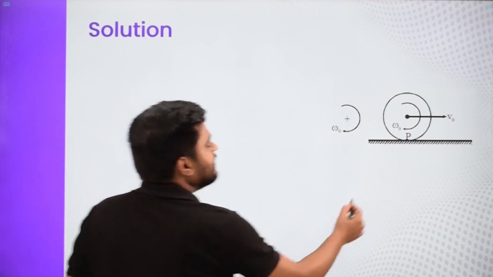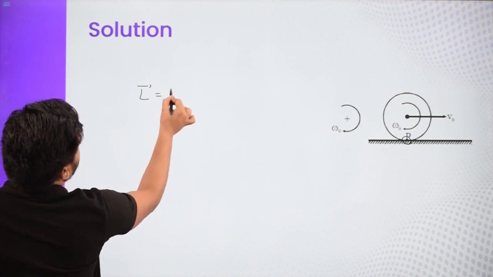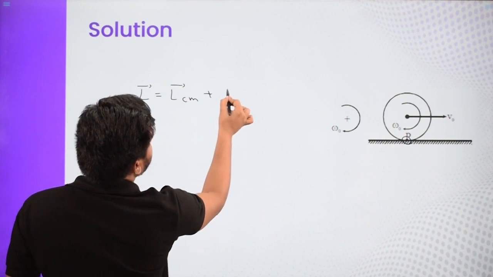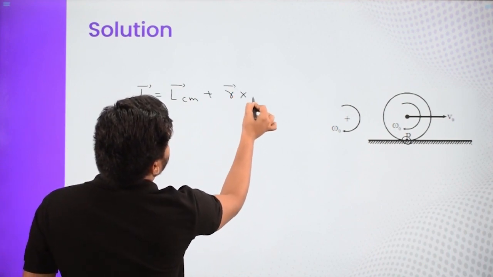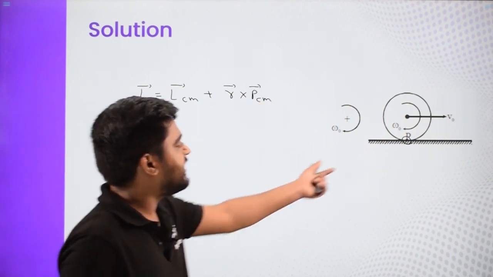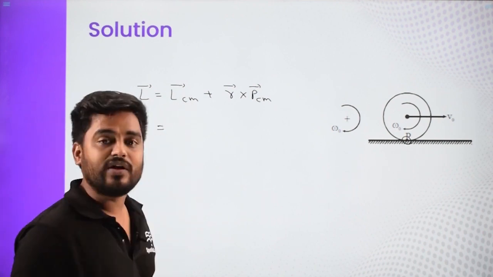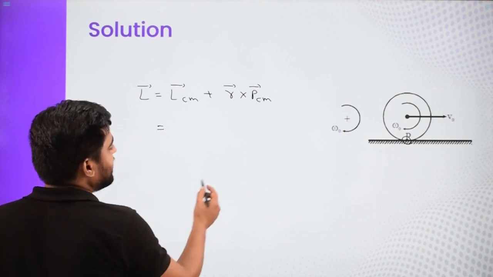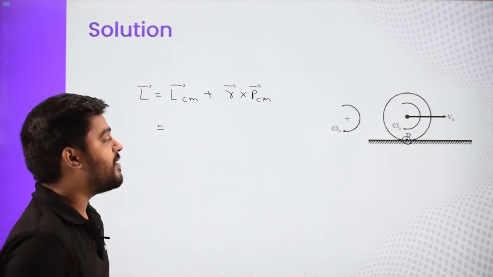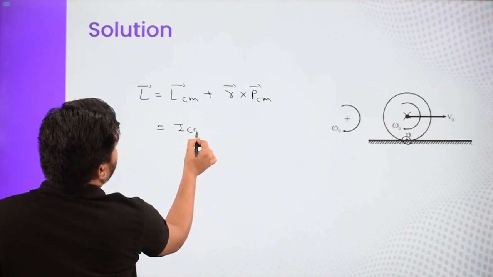So to get the angular momentum about this particular point, the angular momentum is written as angular momentum of center of mass plus r cross p, the linear momentum of center of mass. LCM is ICM into omega about the center of mass.